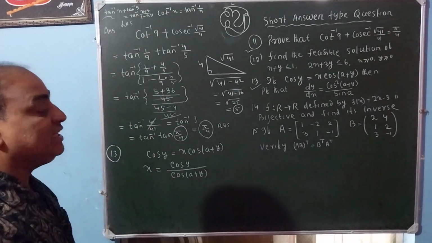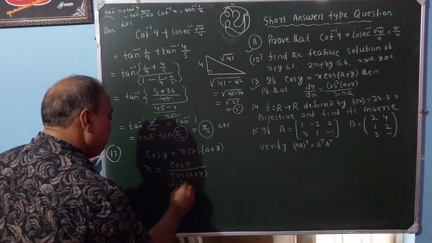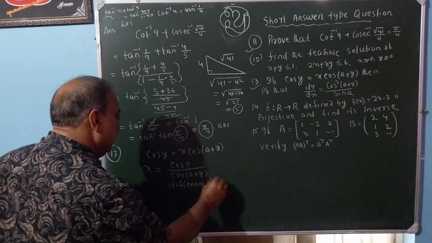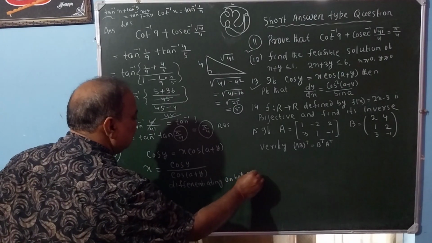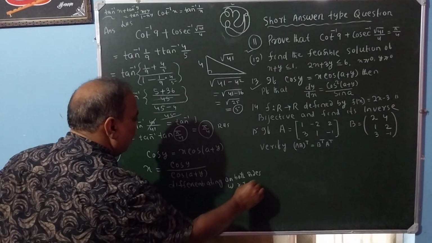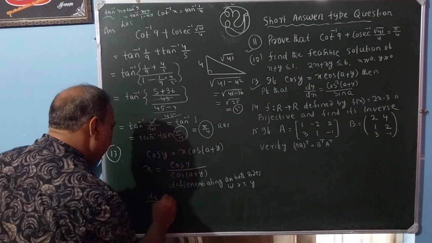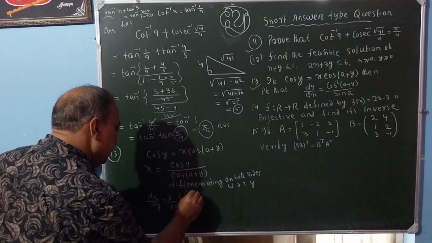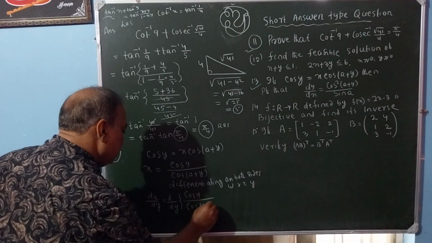Now we have to differentiate on both sides with respect to y. So dx by dy is equal to d by dy of cos y divided by cos of a plus y.